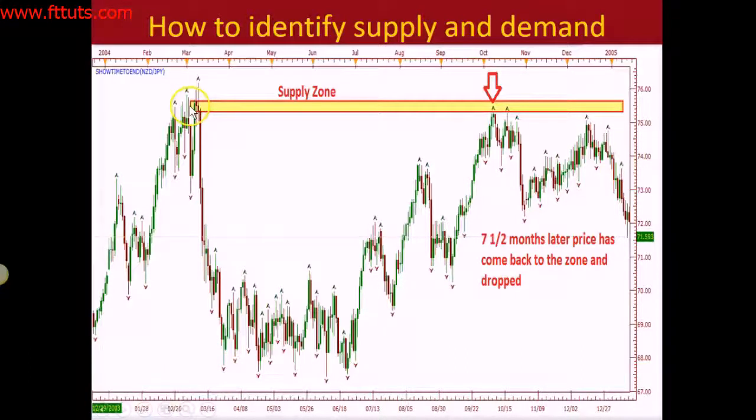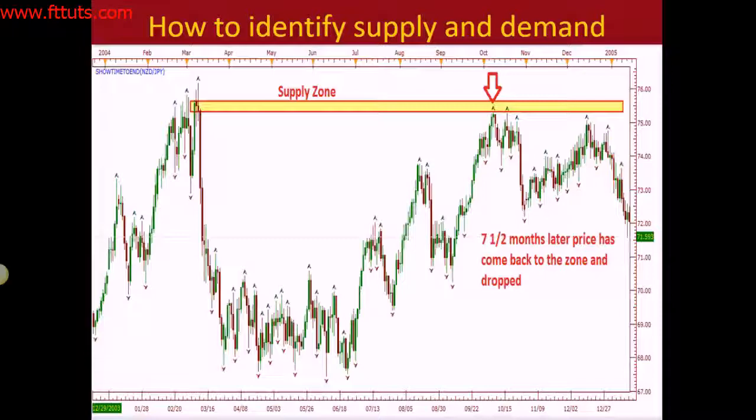So from February, we waited all the way till October for this trade to be identified and traded to the downside. This is a daily time frame. You're going to use your higher time frames to have higher probability trades, which are going to be more reliable.